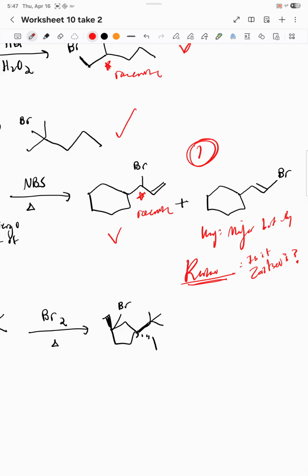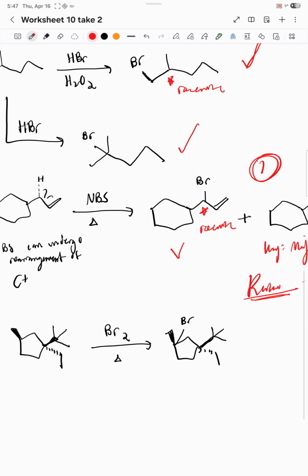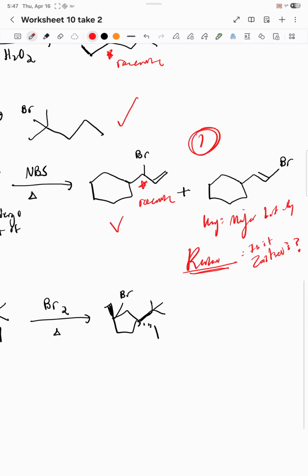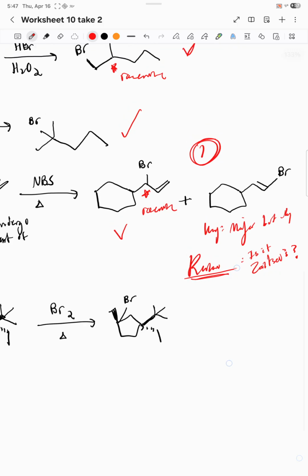And this raises the question, is NBS considered a small enough reagent, and is it even relevant? That should be our question.